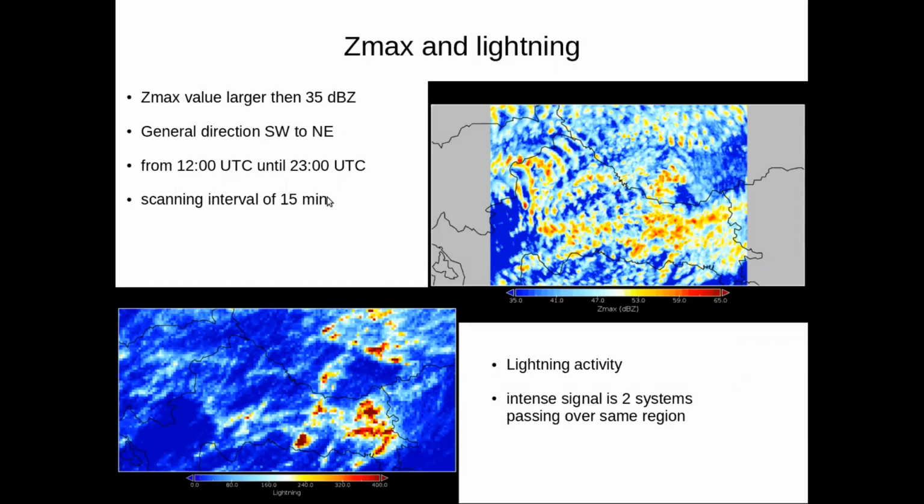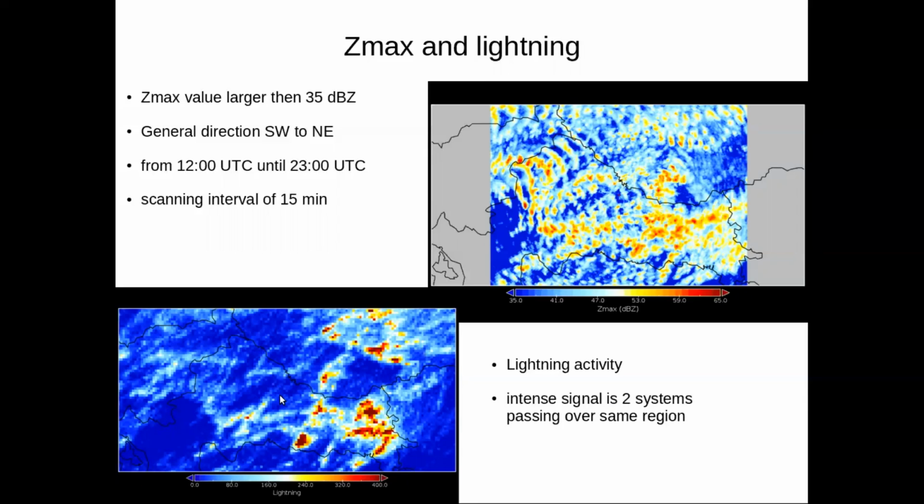The downside of the radar we were using is a relatively low scanning interval, which is 15 minutes. Since the storm is passing very fast, there are a lot of gaps between the scans, which don't have any useful information. So this will influence the quality of our assessment.